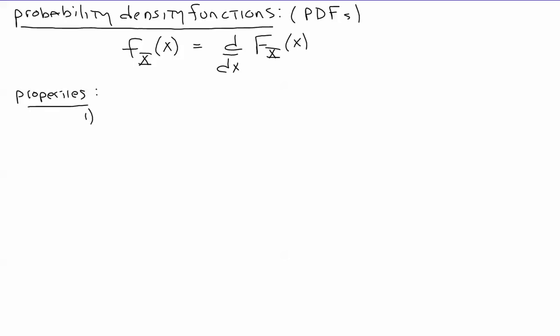One, since the cumulative distribution function is an always non-decreasing value of its argument, then the first derivative is always positive, meaning that the probability density function is always positive. Probability density function is always a positive number.